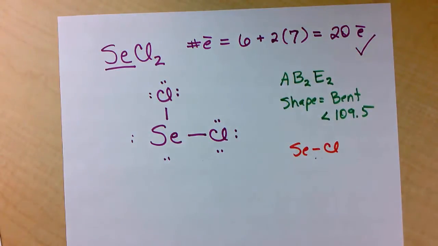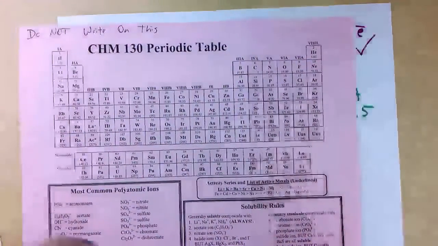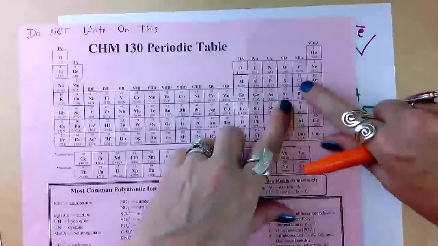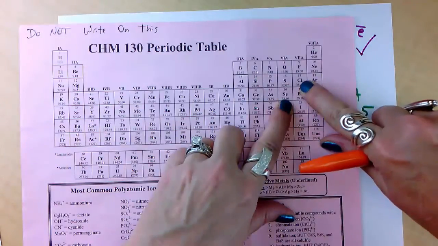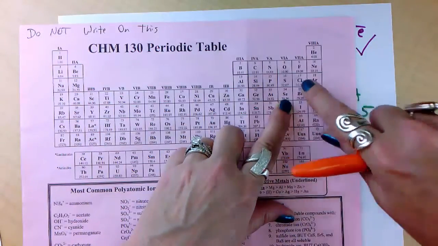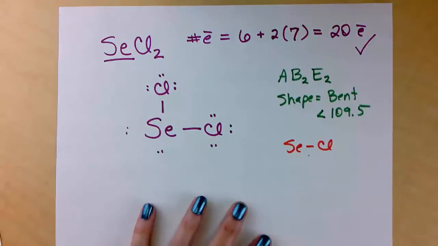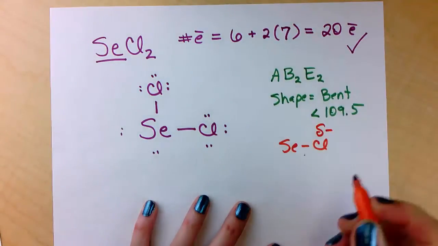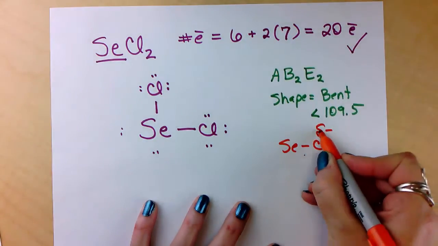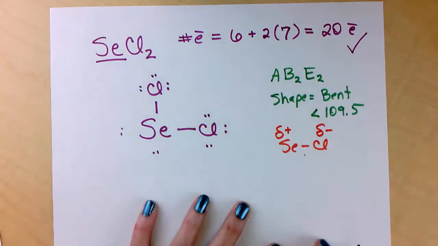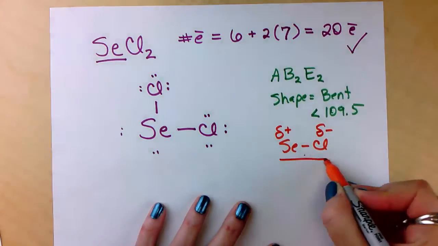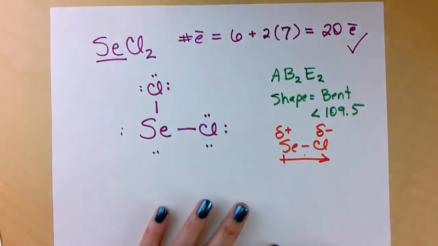So let's determine if these bonds are polar or nonpolar. Here's Se and here's Cl. Who's closer to F? Cl is closer to F. This makes the Cl a little bit minus, and the Se is then a little bit plus. So we can draw an arrow pointing towards the Cl and cross the positive.